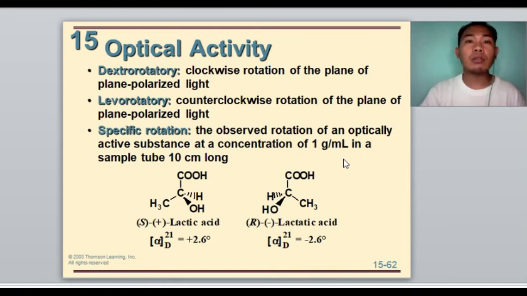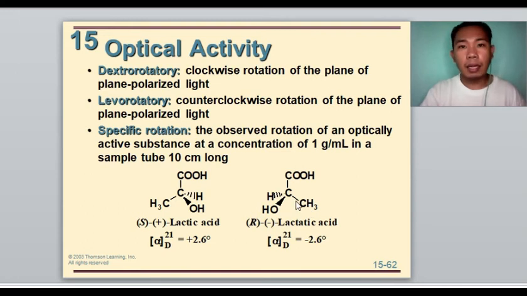A dextrorotatory compound is indicated by a plus sign, and a levorotatory compound is indicated by a minus sign in parentheses here.